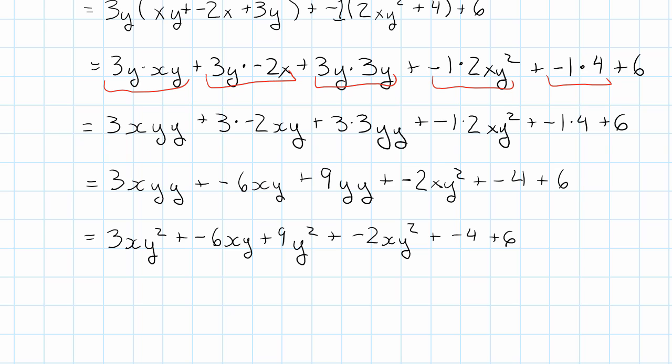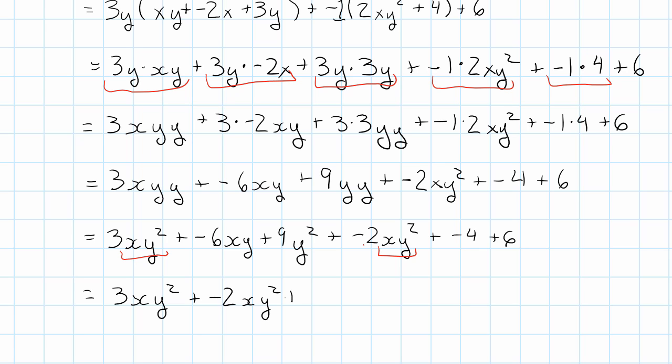Now I'm going to use the commutative property to rearrange the terms. I'm going to put all of my terms with 3 variables in them first, and I want to put the terms with exactly that variable part next to each other. So I'll have 3xy squared plus negative 2xy squared.